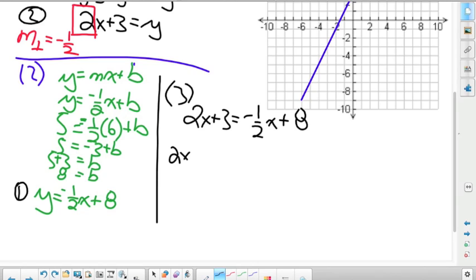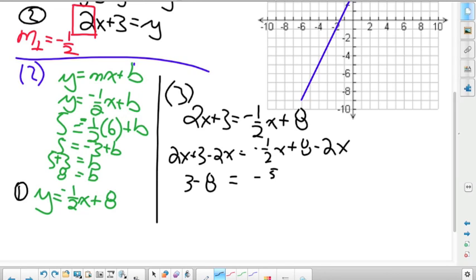So 2x plus 3 minus 2x is equal to negative 1/2 x plus 8 minus 2x. And then we subtract 8 from both sides, so we get 3 minus 8 is equal to negative 1/2 minus 2, negative 5 over 2 x. So 3 minus 8 is just negative 5.